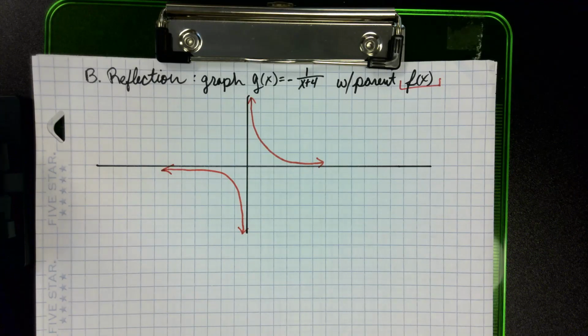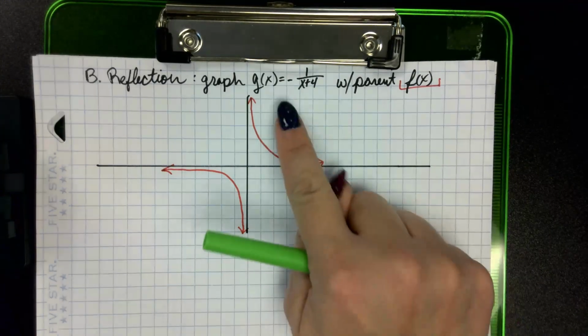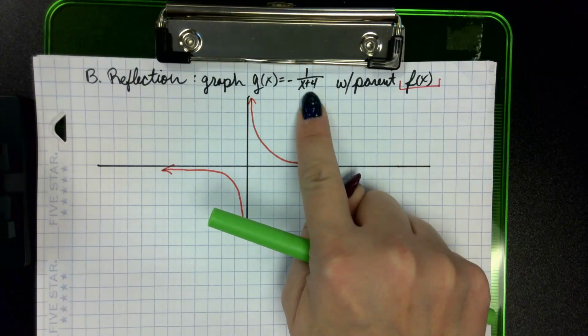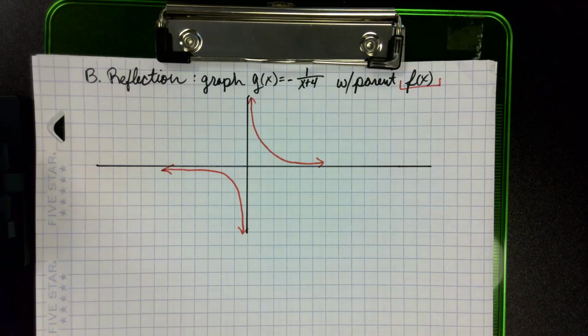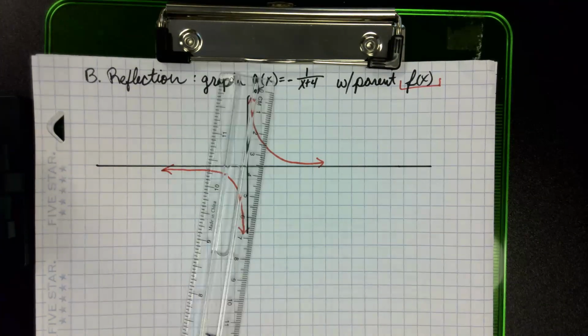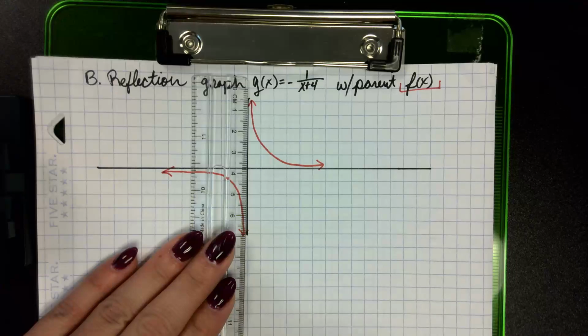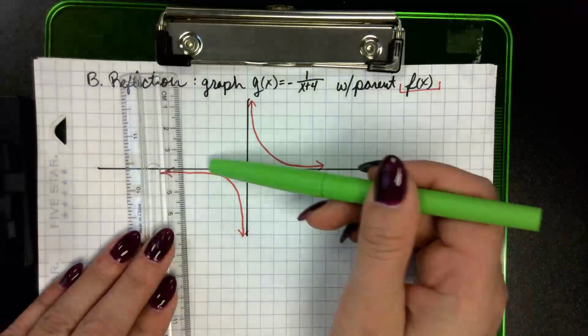And then I need to reflect it, and I need to shift it to the left 4 spaces. So if I'm going to shift my graph to the left, I'm going to take this vertical asymptote at 0, 0, and I'm going to shift it to the left 4 spaces. So 1, 2, 3, 4.